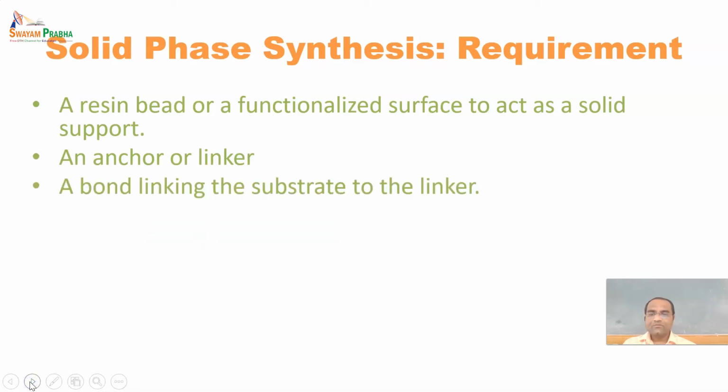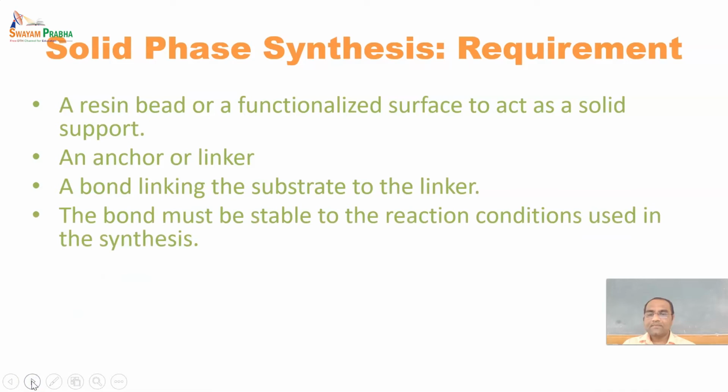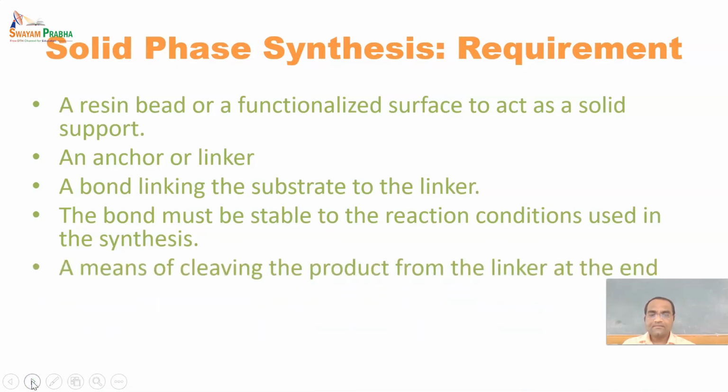Once the anchor or linker has been coupled, the bond linking the substrate to the linker forms a covalent bond, and we need a substrate that will form a bond with a linker. The bond must be stable to the reaction conditions used in the synthesis. There must also be a means of cleaving the product from the linker at the end.